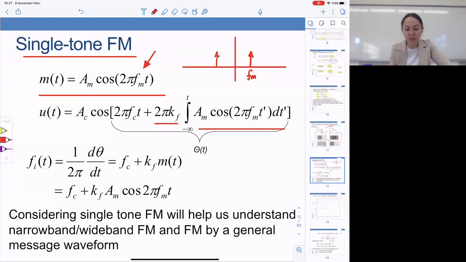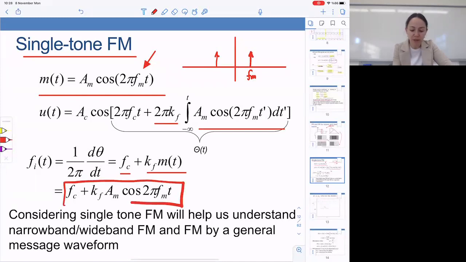What is the instantaneous frequency? Well, f_c plus the derivative of this, which is simply k_f m(t). Okay, but m(t) is a sinusoid, so our instantaneous frequency changes like a sinusoid.